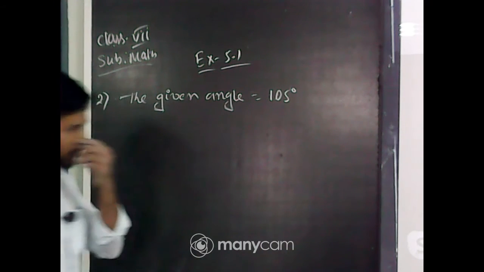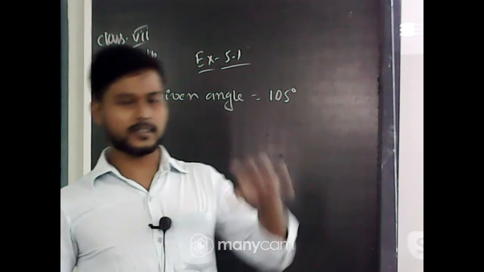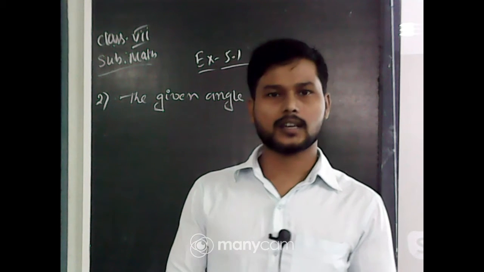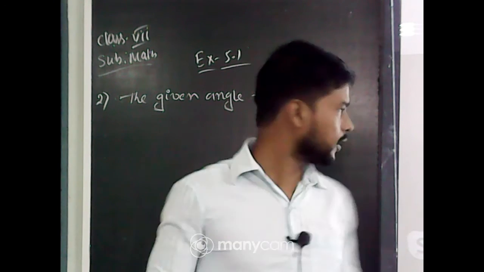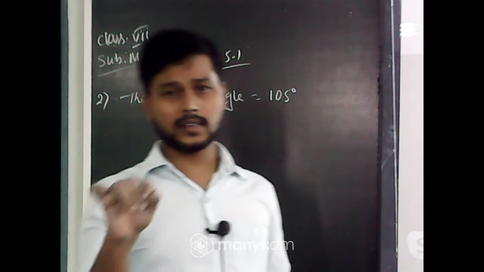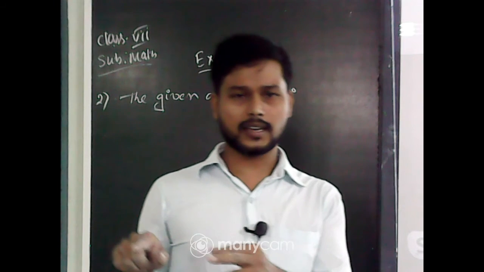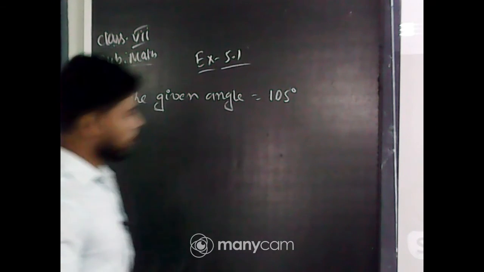We have to find the supplementary angle. How do we find it? Just subtract this angle from 180 degrees. Why? Because two angles are said to be supplementary if their sum is equal to 180 degrees. If one angle is 105 degrees, the other angle will be 180 minus 105.